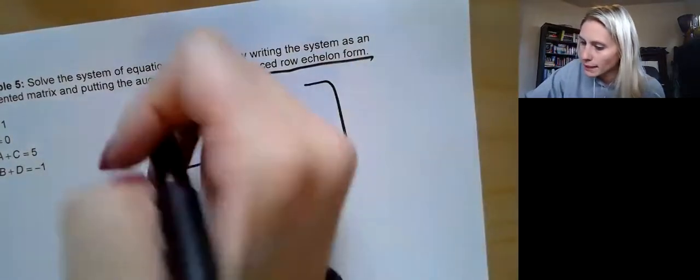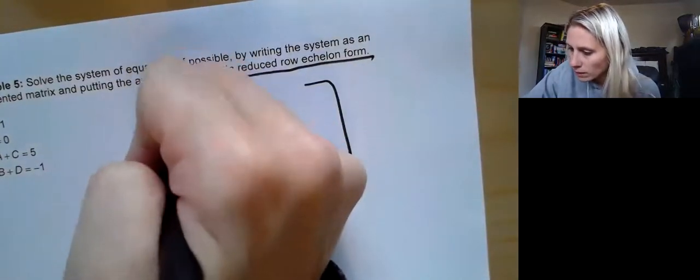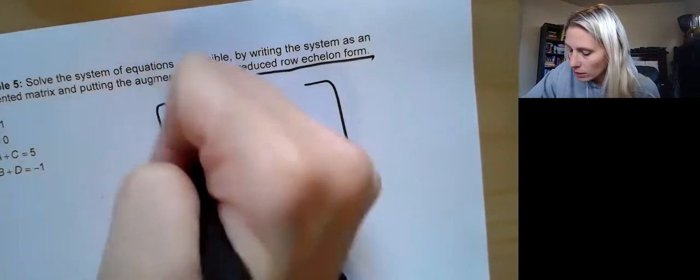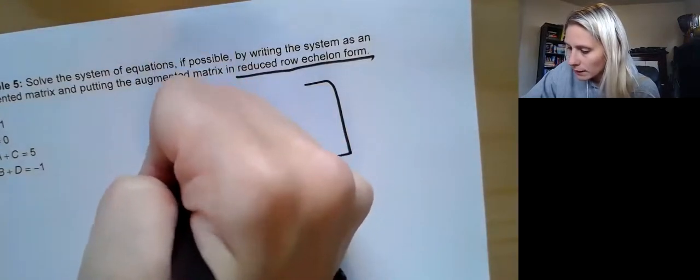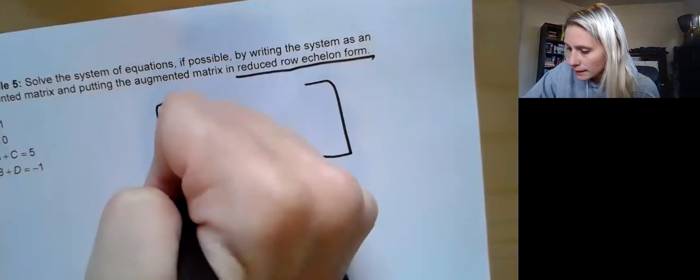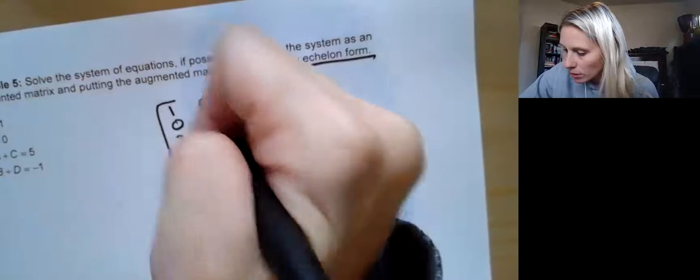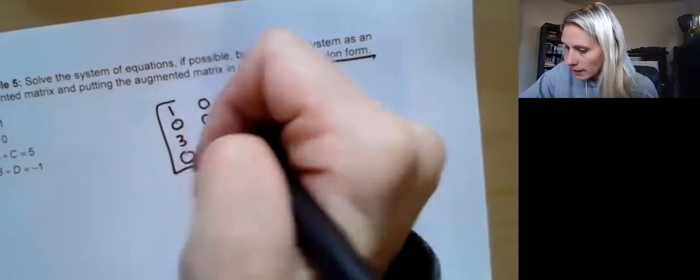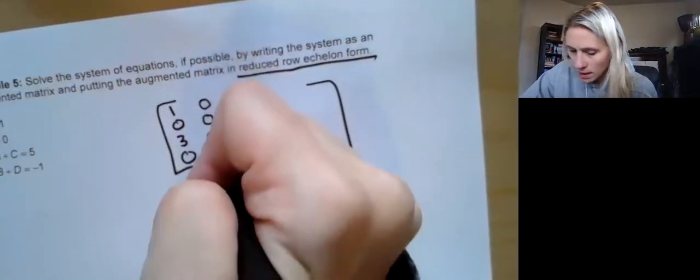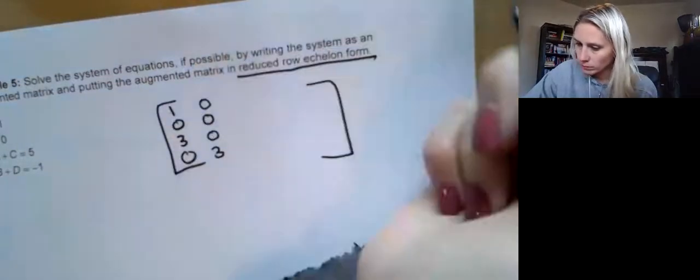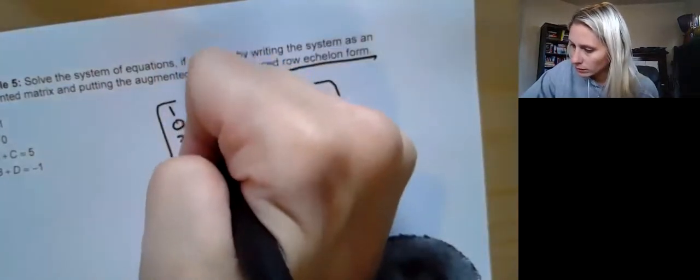Okay, I'm going to do my A's first. So A is 1, A is 0 in the second one, A is 3 in the third, and A is 0 in the fourth. B is 0 here, 0 here, 0 here, and 3 here. Oh, 1 here. Sorry, not 0, 1.